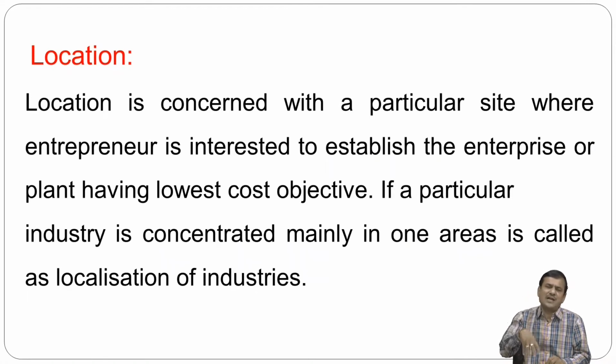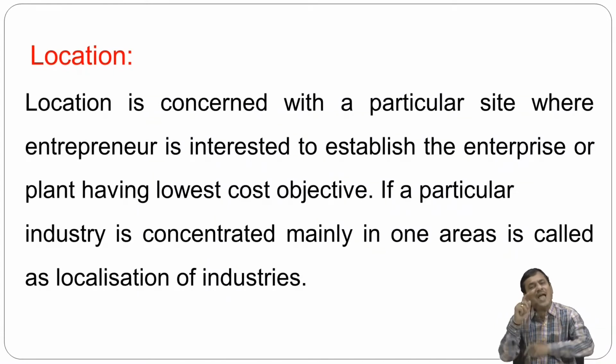If I want to start a pharmaceutical industry, and I select a location where there are 10, 15, 16 industries, manufacturing units, which are connected with pharmaceutical business or pharmaceutical production houses, then that particular area is known as localization of industry.